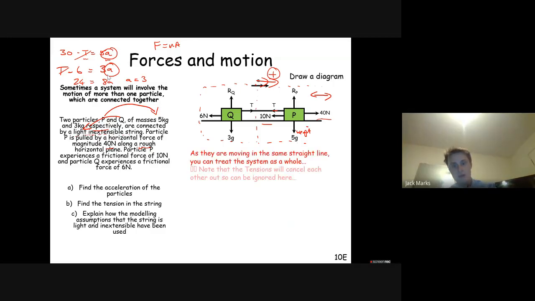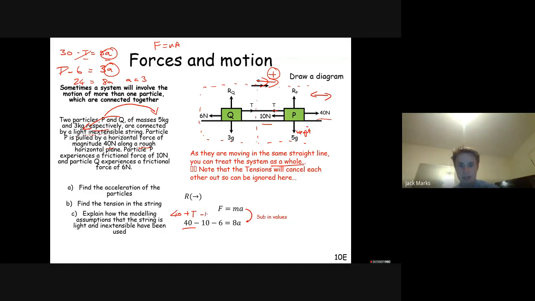Compare that with this method. So you can look at the system as a whole. If you look at all of the forces to the right, you get 40. And then there's a T going this way as well. So you could write it as 40 plus T. What are all the forces acting against?